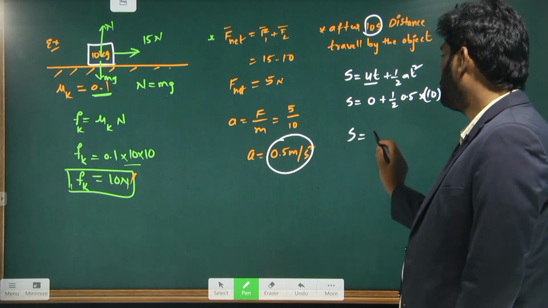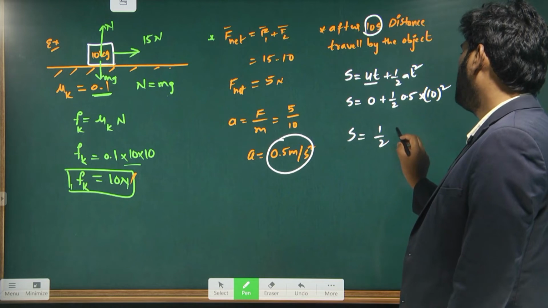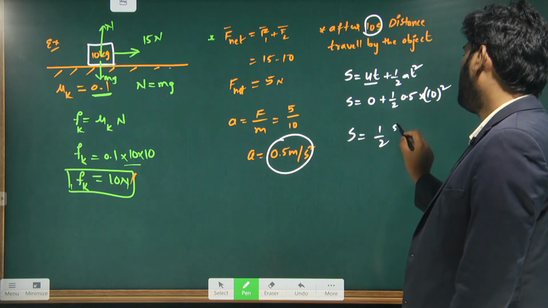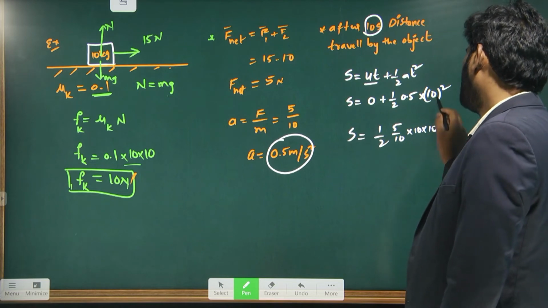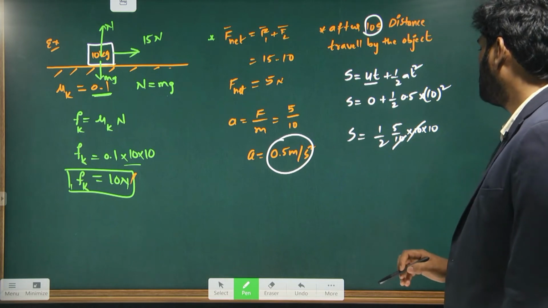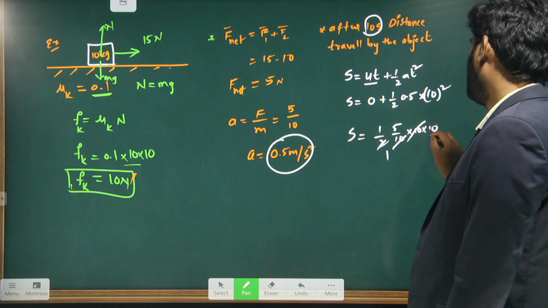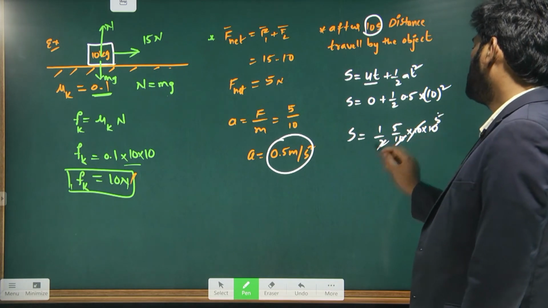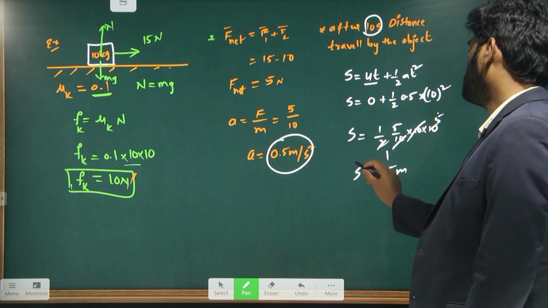You can write 0.5 as 5 by 10, into 10 into 10. This 10 gets cancelled. Remaining, 5 into 5, that is 25 meters.